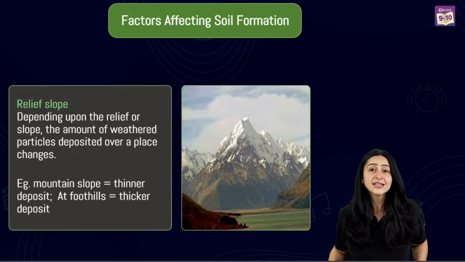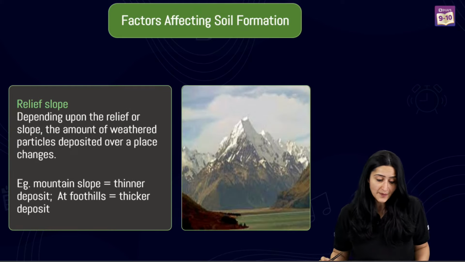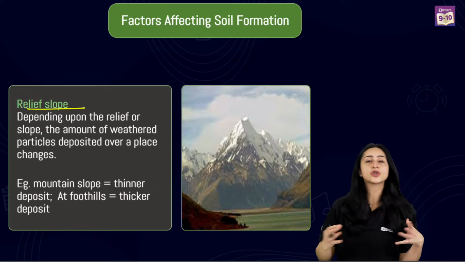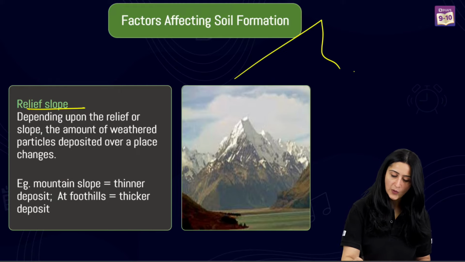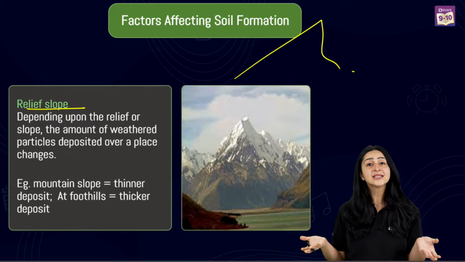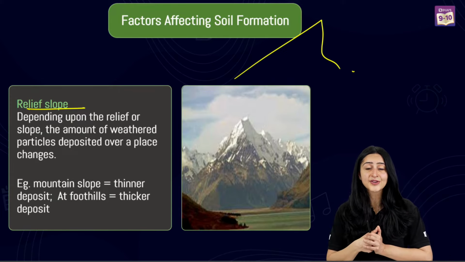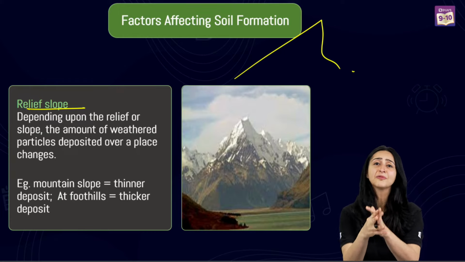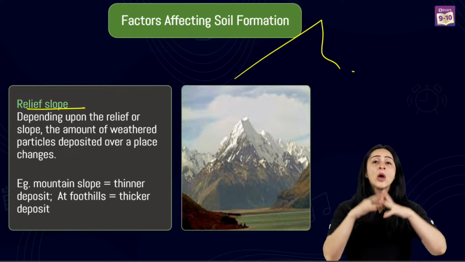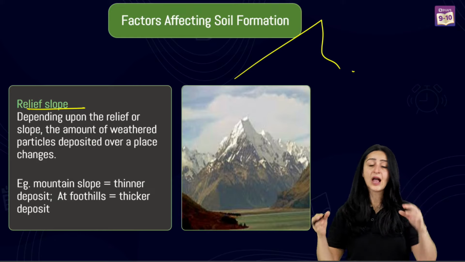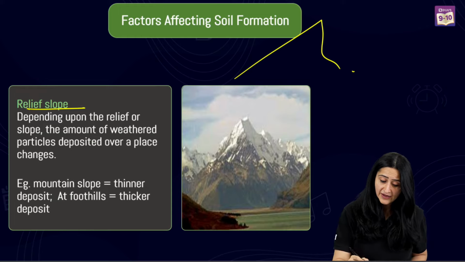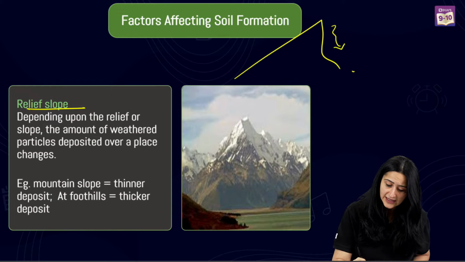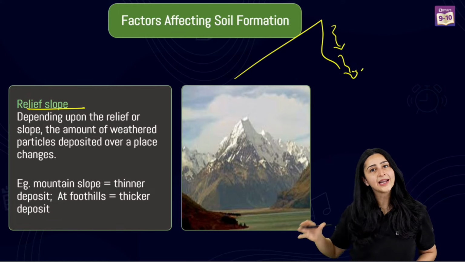Then factor number 3 that affects soil formation is relief or slope, which means we're talking about mountain slopes as we see them. How does this affect soil formation? Again, very logically, we know that there is parent rock. As this parent rock starts disintegrating, this weathered material starts falling down.